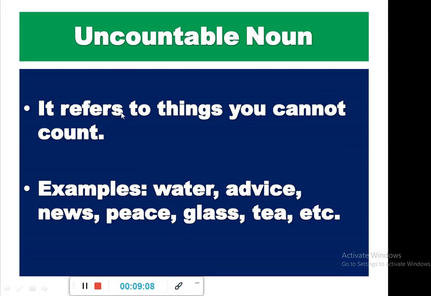The opposite is uncountable noun. As the name implies, it refers to things you cannot count. Examples: water. You cannot count water. The same thing applies to advice, news, peace, glass, tea, etc. Now, when talking about uncountable nouns, you cannot pluralize by adding s, as we did with countable nouns.